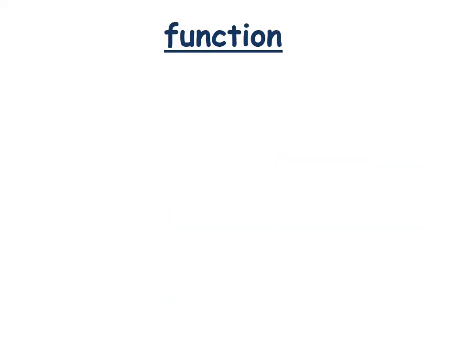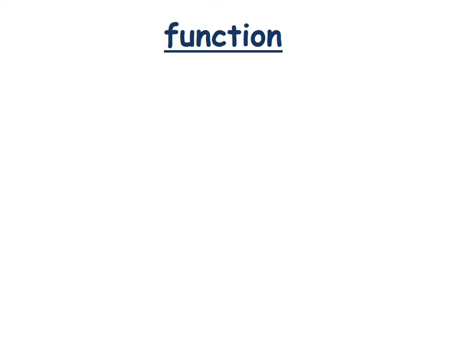Now we have another concept called function. Now we have three concepts. Cartesian product, and it means all possible ordered pairs that come from crossing two sets together.